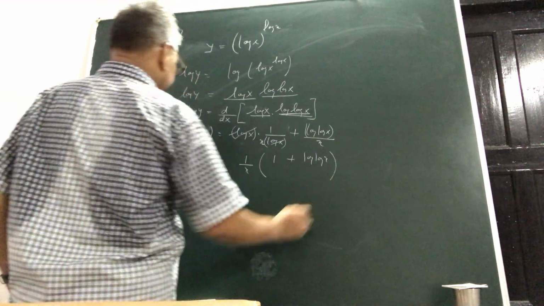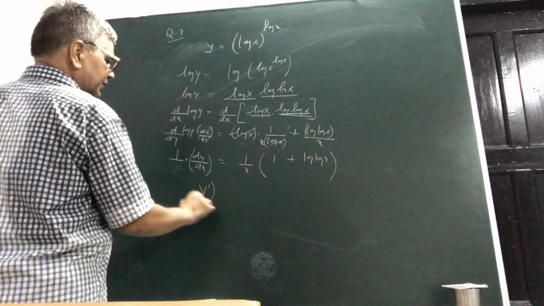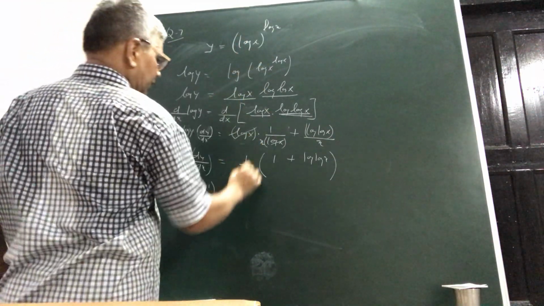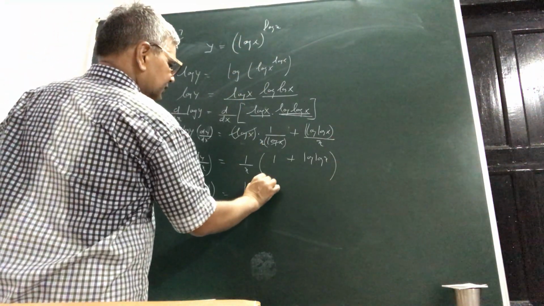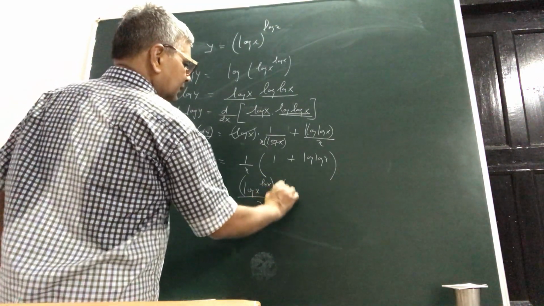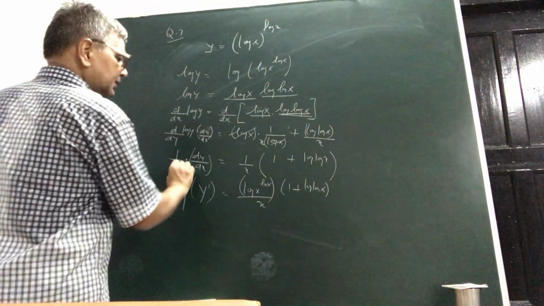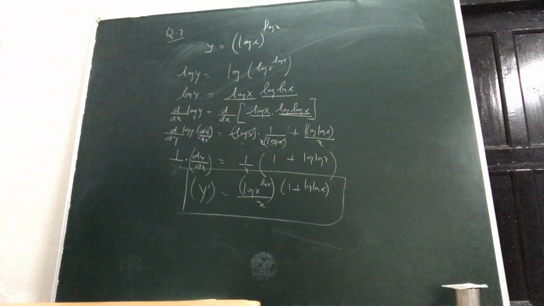Here you will be getting this much, and then y dash here will be equal to y. Y is your log x raised to power log x, into 1 upon x, 1 plus log x. That will be the answer, question number 7.